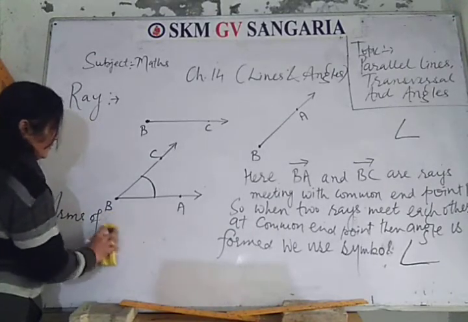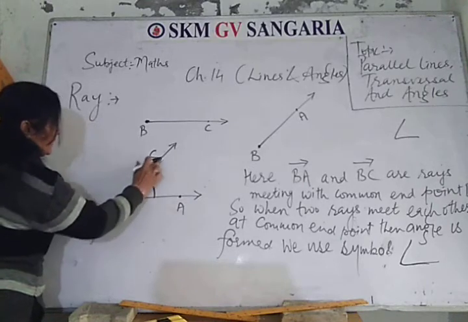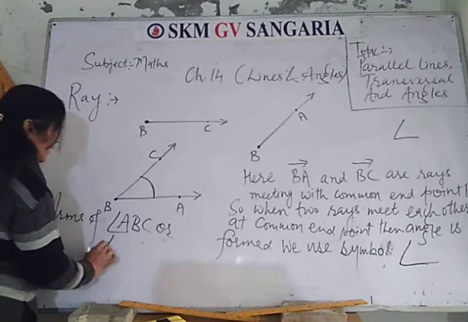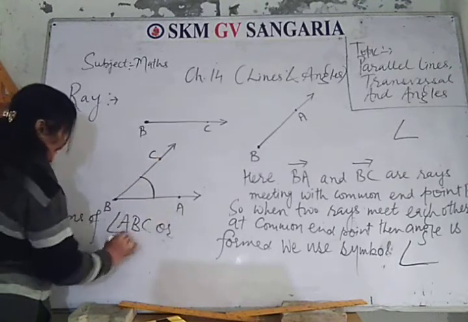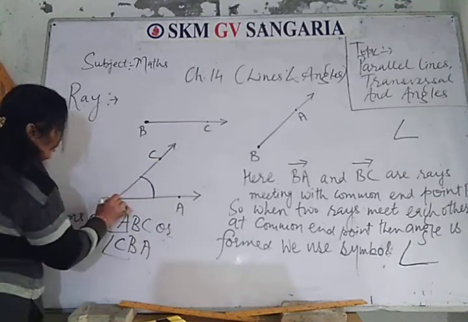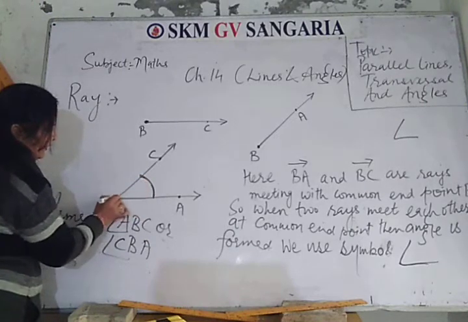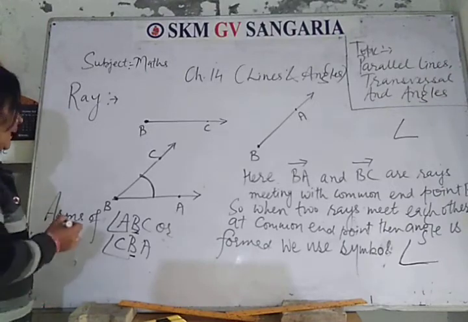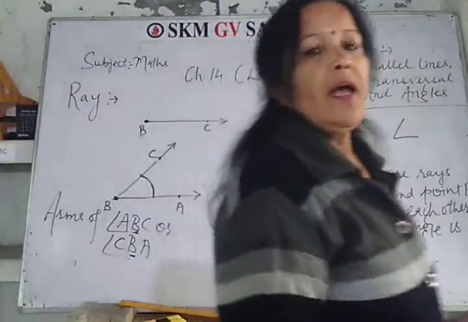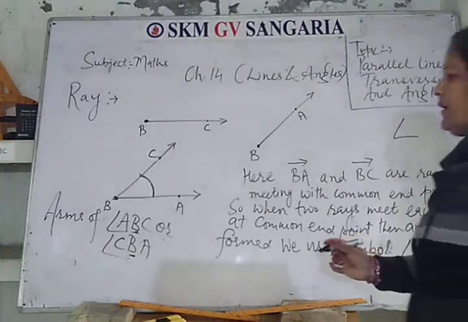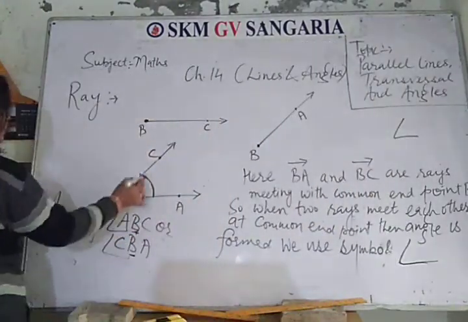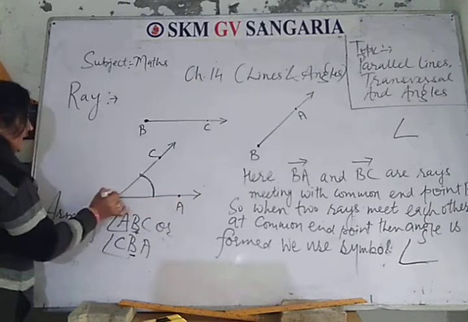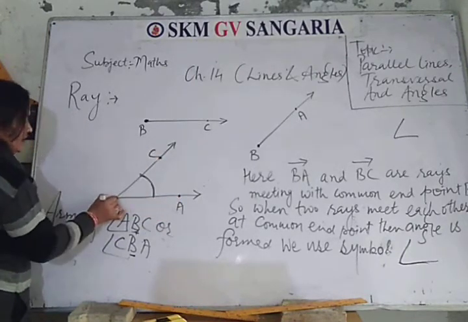This is angle ABC or angle CBA. Always keep the vertex in the center while writing the angle name. This is angle CBA or angle ABC. This is the vertex.